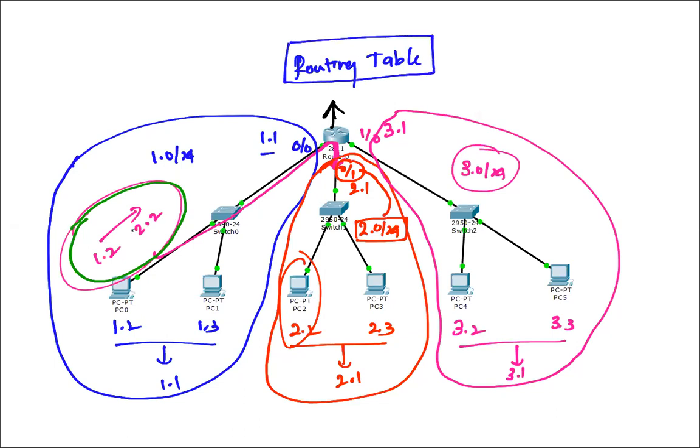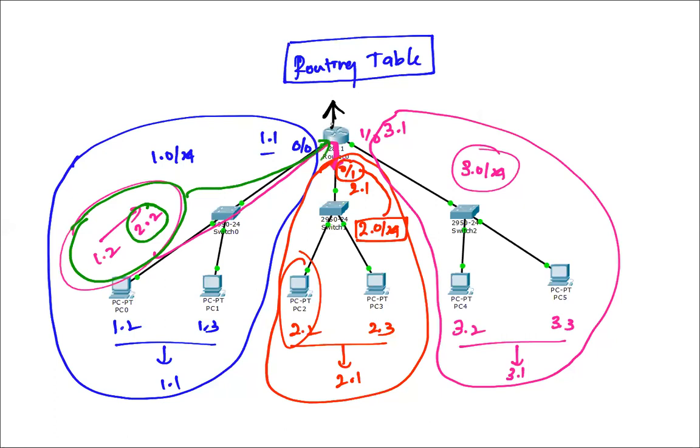So 1.2 to 2.2, that is the source and destination, right? Source is 1.2, destination is 2.2. Now this packet goes to the router and asks, hey router, can you say where is 2.2?